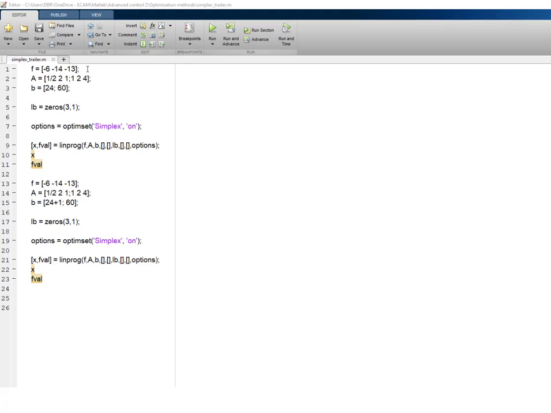As usual, we check the result with MATLAB. This is the objective function. MATLAB assumes that we have a minimization problem, but it is possible to introduce constraints smaller or equal than and equality constraints. So you do not need to go to the standard form as far as the constraints are concerned, right? So these are the smaller or equal inequalities.